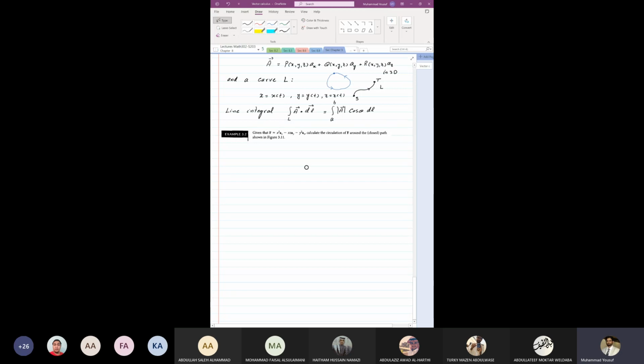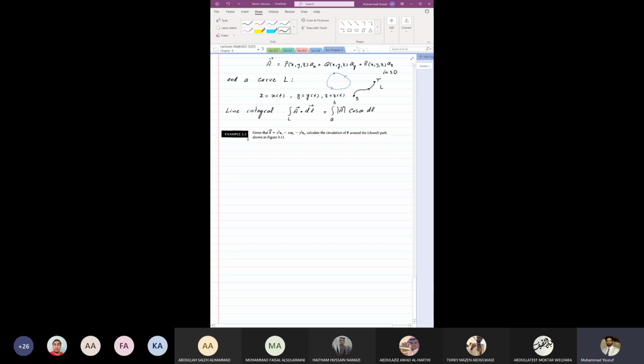In your book, given that capital F is a vector field, like I wrote before. So this is a vector field, so we put an arrow on the vector field F. Calculate the circulation of F around, that is, the line integral.